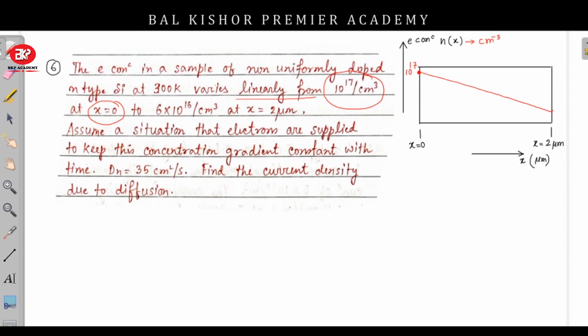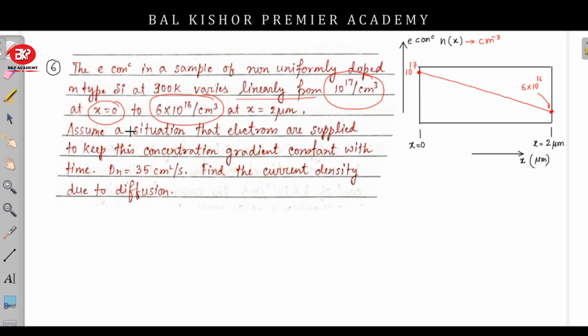Similarly, at x equals to 2 micrometer, the concentration value is 6 into 10 to the power 16 per centimeter cube.